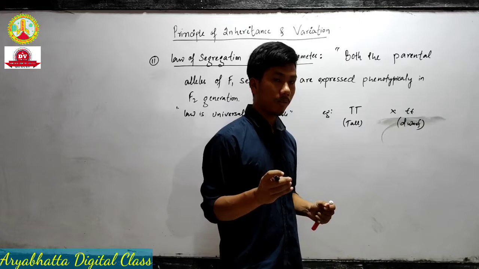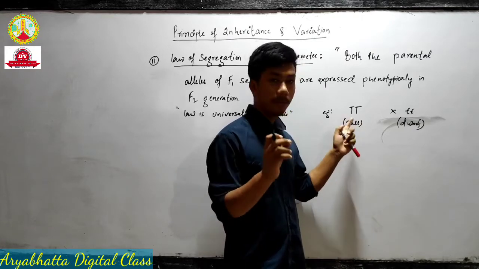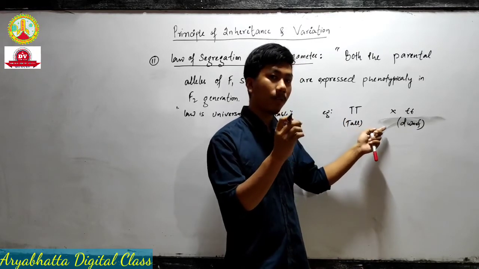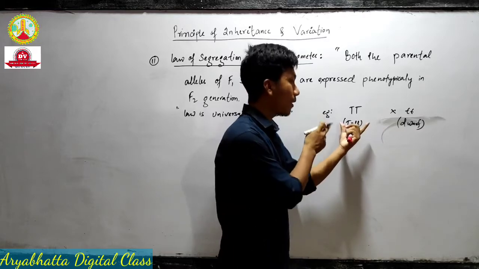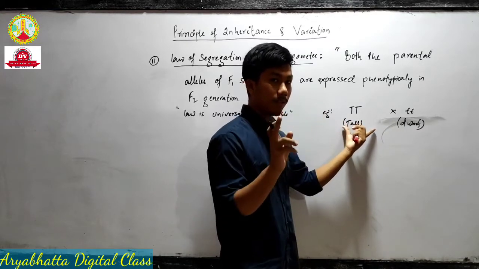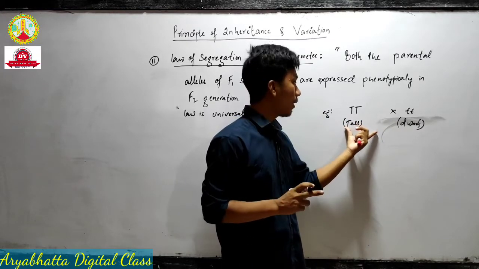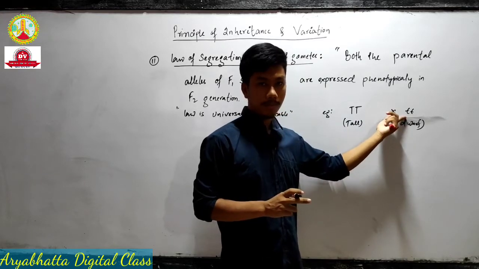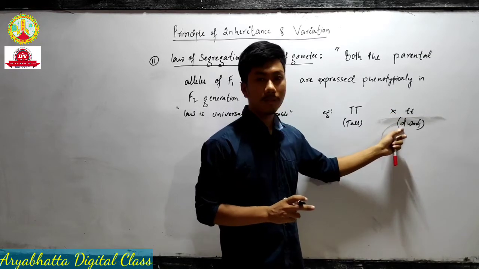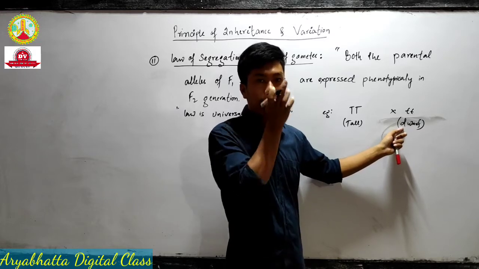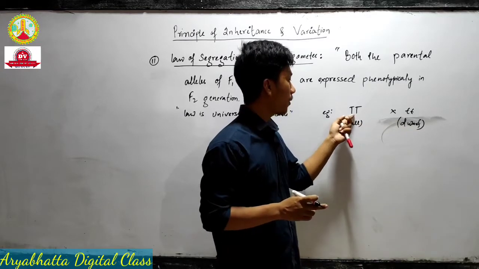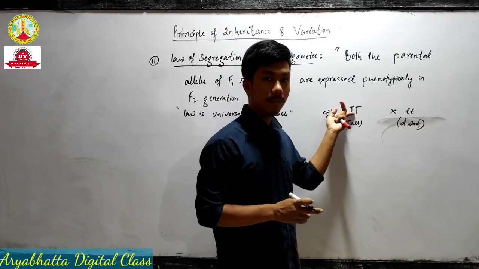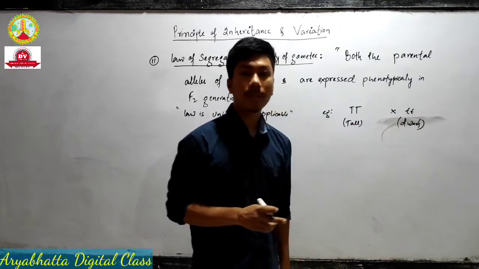For dominant tall we write capital T, and the recessive dwarf we write with the same letter, but small t. We do not write it with small d. There is a rule: if you write capital T, then we represent the recessive with the same letter, small t.